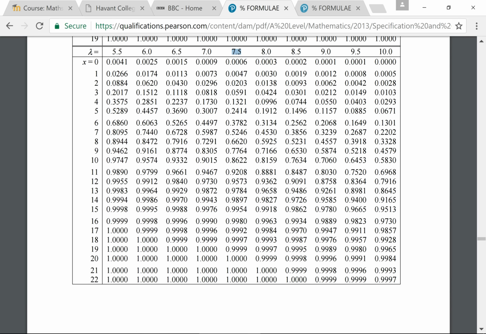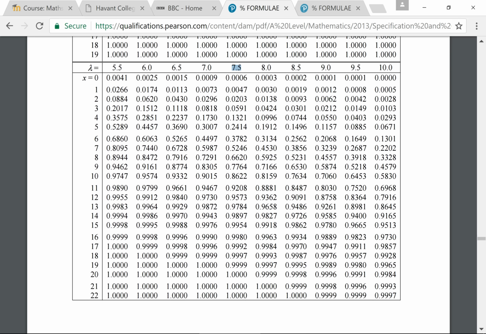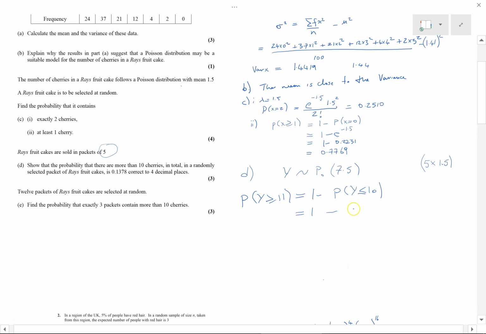And then we want the value for 10. So it's this number here, 0.8622. So let's put the 0.8622 here. And thankfully they've given us the answer on this, so we have that warm feeling that we really do feel that we're right on this.